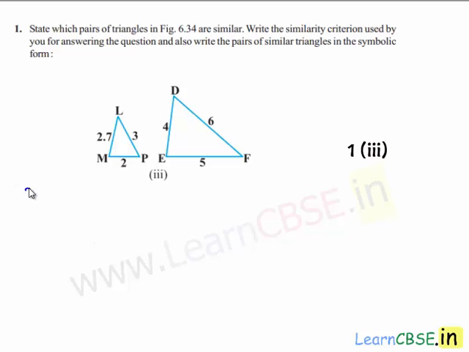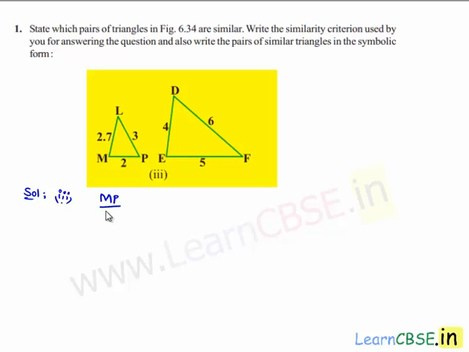Now moving on to the solution for third bit. Let us consider the ratio of sides, that is MP by DE, which is equal to 2 by 4, that is 1 by 2.